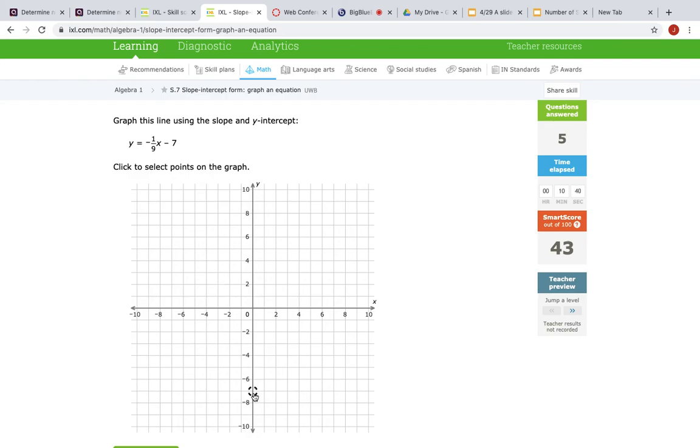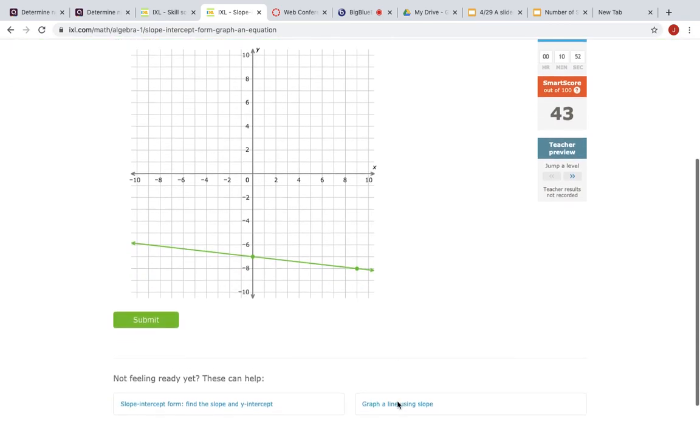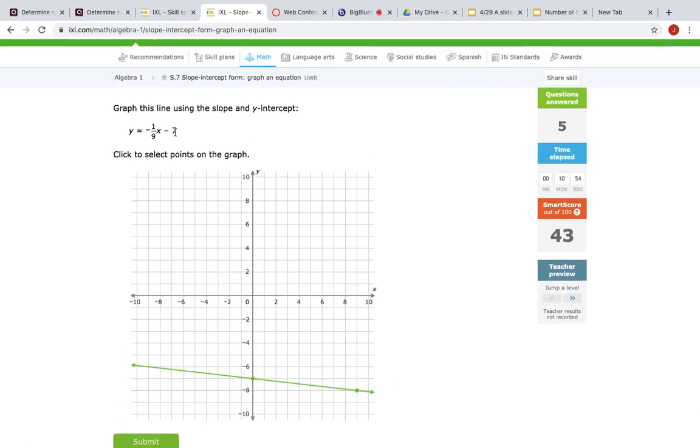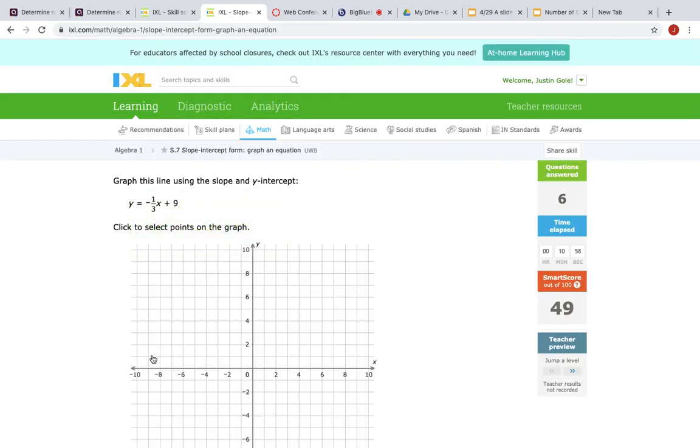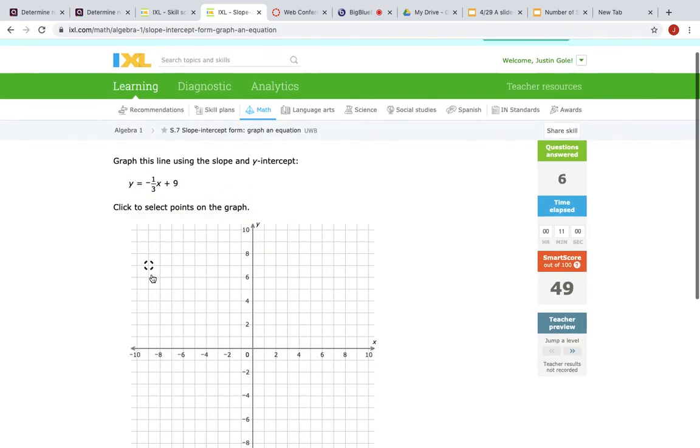First, I'm going to plot my y-intercept at negative 7. Now my slope is negative 1, down 1, and over 9. So by now you guys should be getting the hang of plot the y-intercept and just plot a second point based on the slope. And then right here we have one last problem I'm going to do before I just let you guys go on your own.